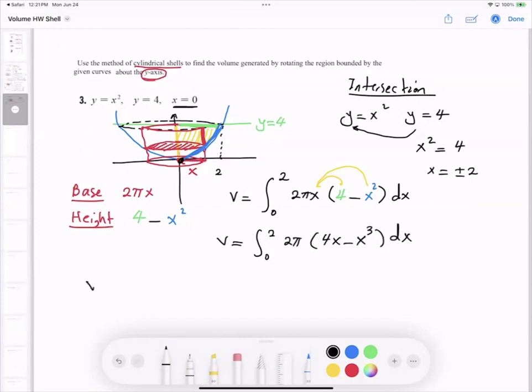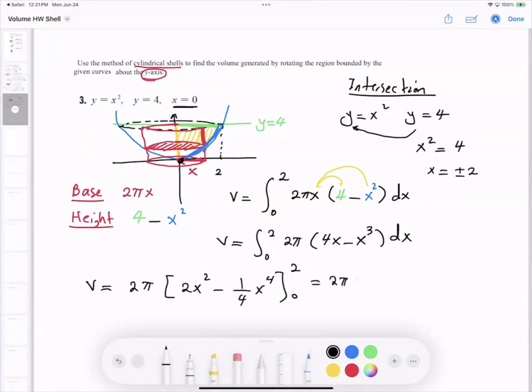So the volume is equal to 2 pi. Then here you take the integral of 4x, which is 2x squared, minus 1/4 x to the fourth. x ranges between 0 to 2. But again, as usual, we're not really worried about 0. Just plug in 2.